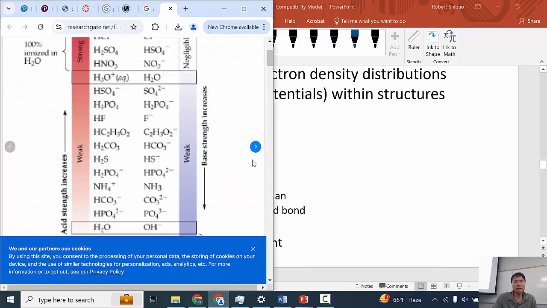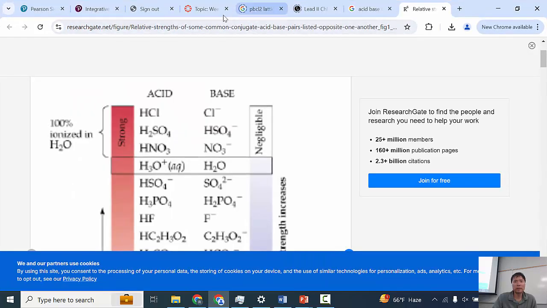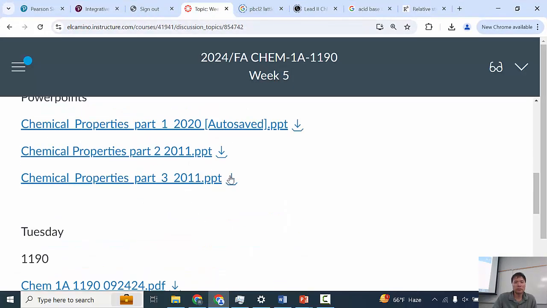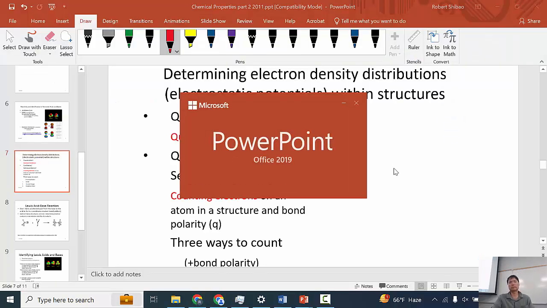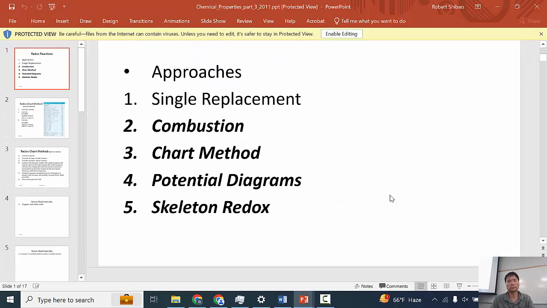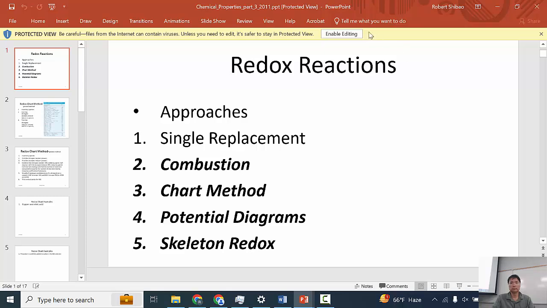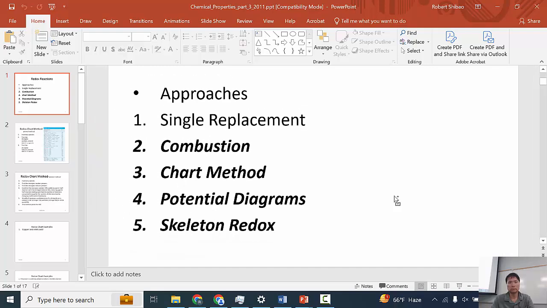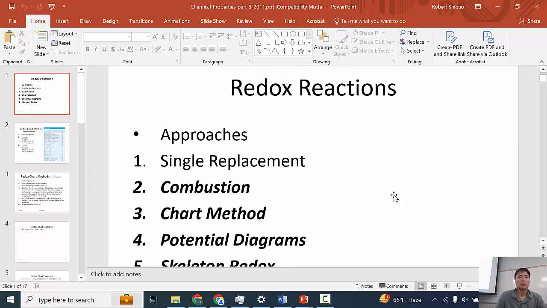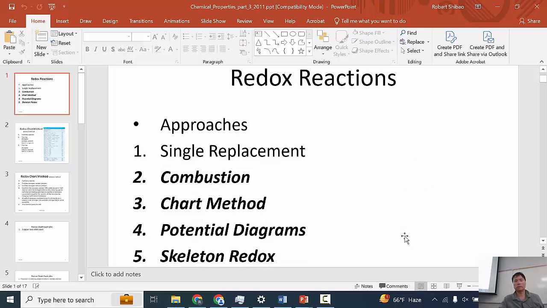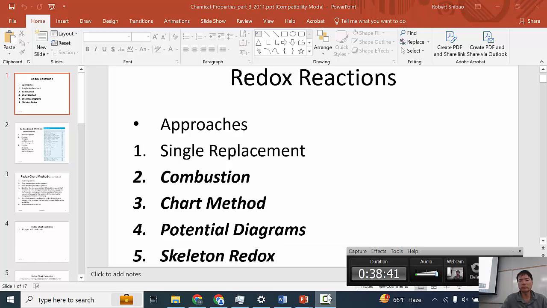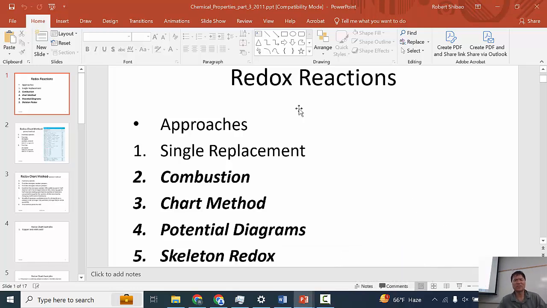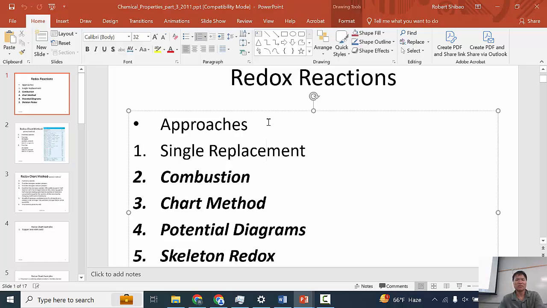And so what I'm going to do here is go to redox reactions next. For redox reactions, we have a number of different ones. Actually, I should put in one more here. Approaches.